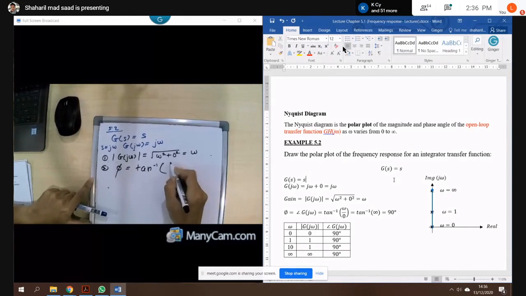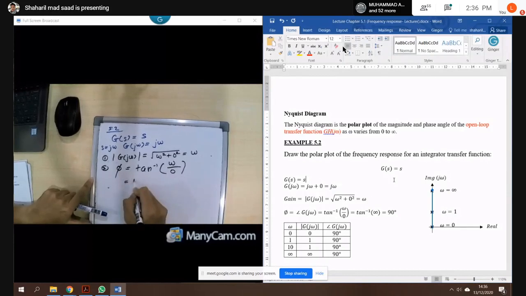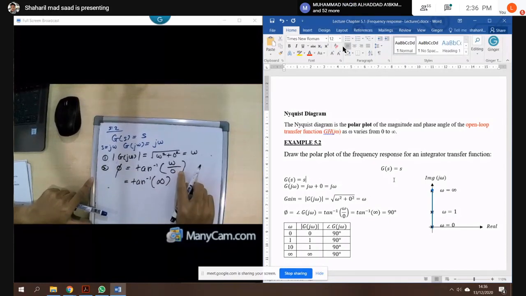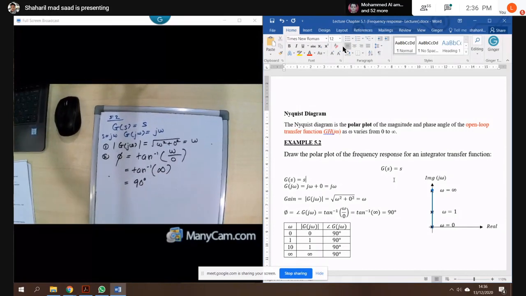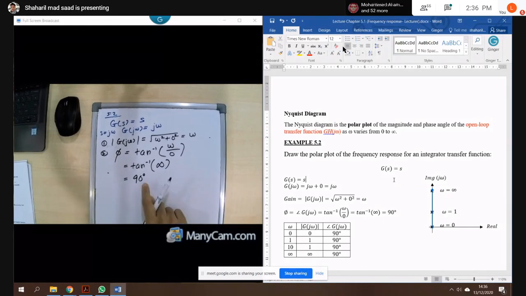Take the j part first, that means omega, divided by 0, because we don't have a real part. Then it becomes inverse tangent of infinity, and I'm sure you will get 90 degrees. How can we get 90 degrees here?